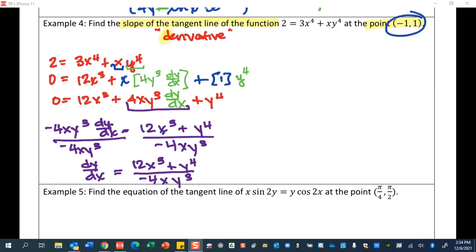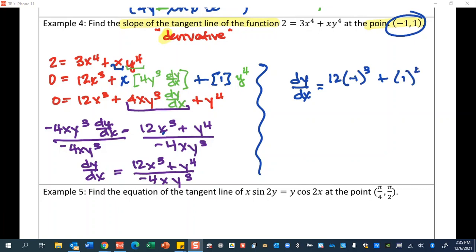So the slope of my tangent line at any given point is equal to this x and this y. It's for that point. So 12 times my negative 1 cubed plus y to the 4th over negative 4 times x, which is negative 1, times y, which is 1 cubed.